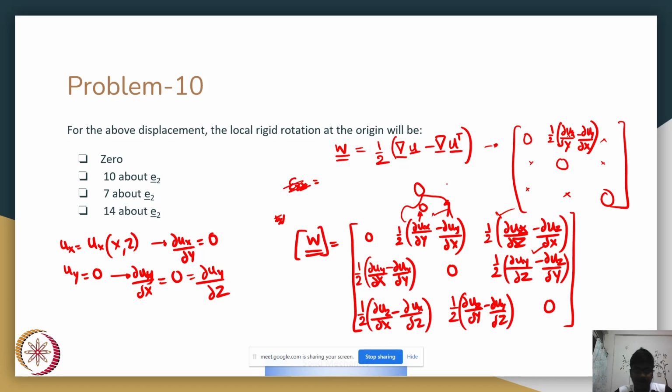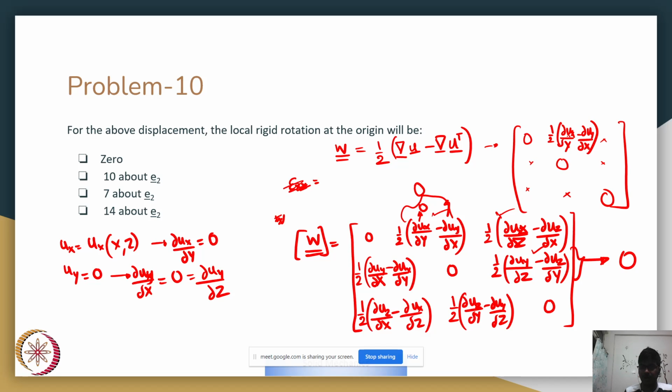Similarly, if you look at dou uy by dou z minus dou uz by dou y, this is also 0, because uy is 0 and uz is only a function of x and y, therefore dou uz by dou y should be 0.